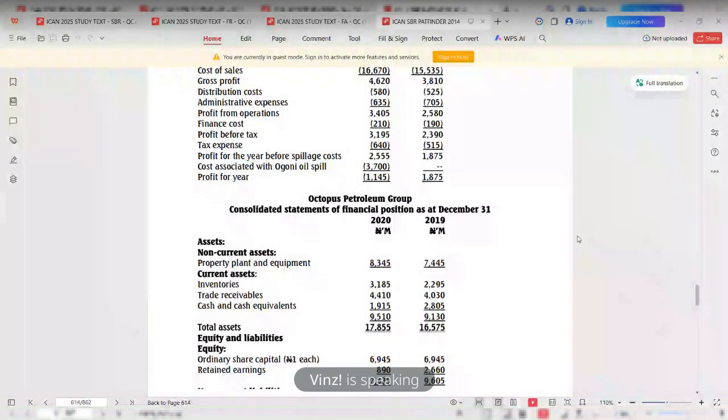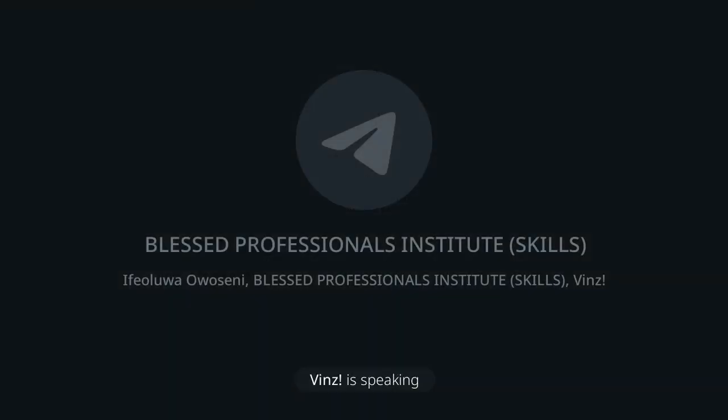For 2020, 32.6%. That's what I got as well. Why for 2019? 19.5. 2019 is 19.5.